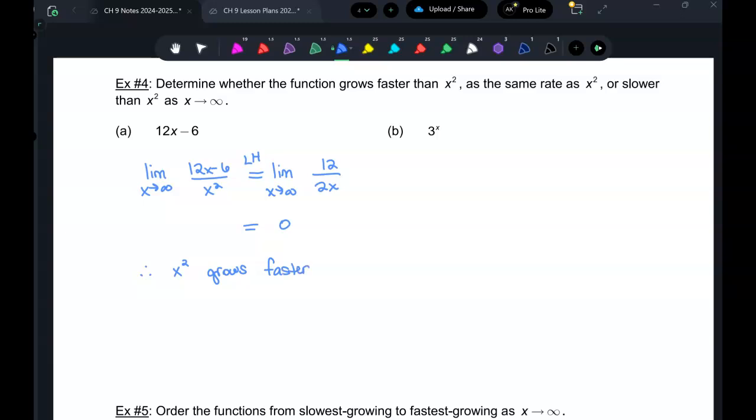Can I just write grows faster? Sure. On the test, can I just write grows faster? It depends what the question is asking. If it's saying determine which one grows faster, then you have to specify. If it just asks specifically how does x squared compare, then you could just say faster.